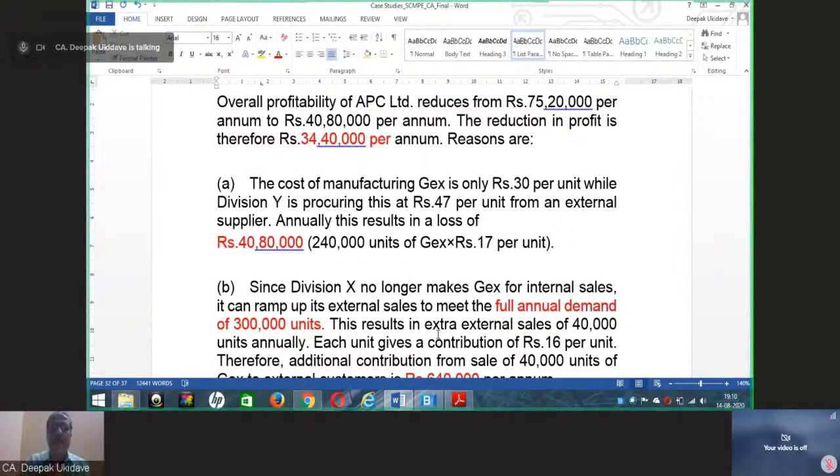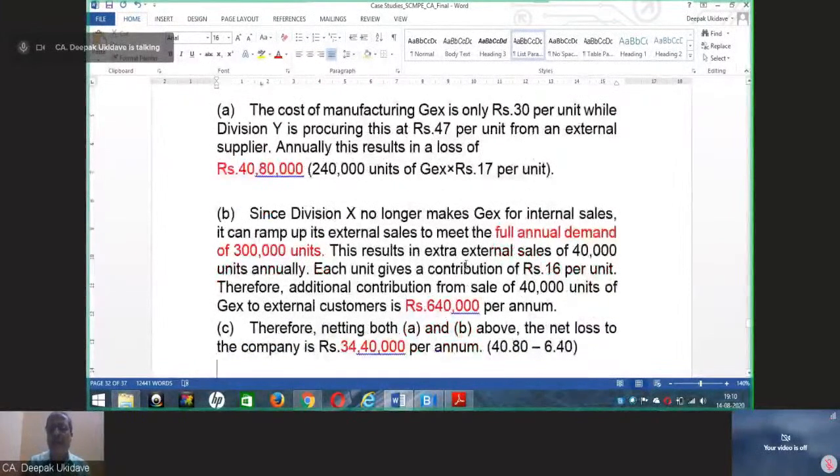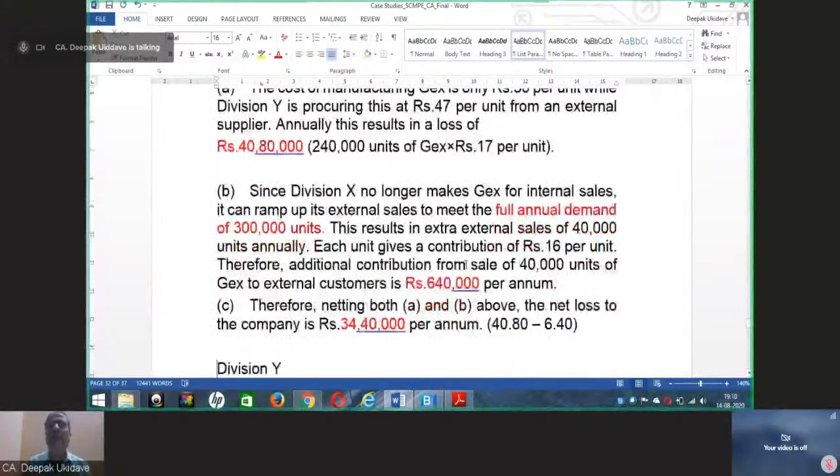Similarly, for the 34,40,000 loss, the reduction in profit for the company, what are the factors responsible? The first factor responsible is that you are procuring from the external supplier at a higher price when the cost of manufacturing is so low. And second, against that, Division X also made some extra profit by catering to the full demand of the external customer, that is 3 lakh units as against 2 lakh 60,000 units in the first scenario.